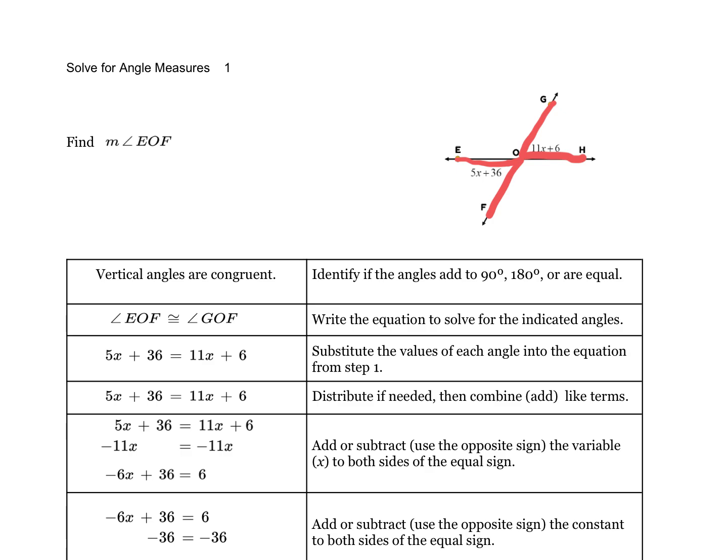Okay, and by definition, these angles are vertical angles. And based on our glossary of angles, we know that vertical angles have the same value or they are congruent.